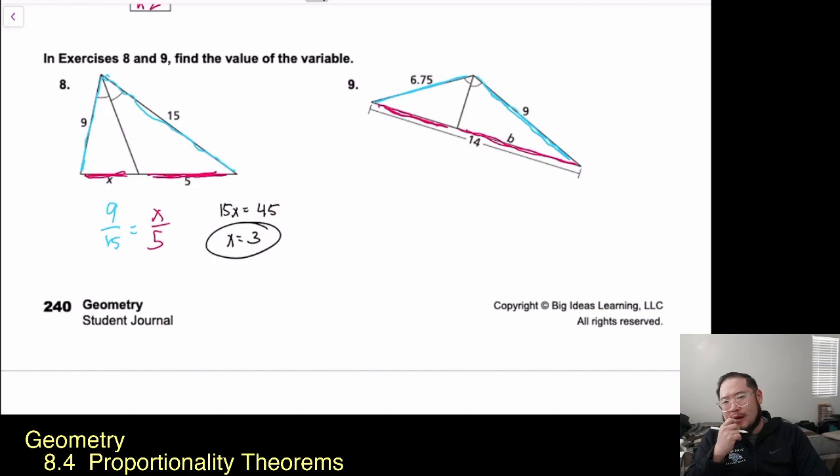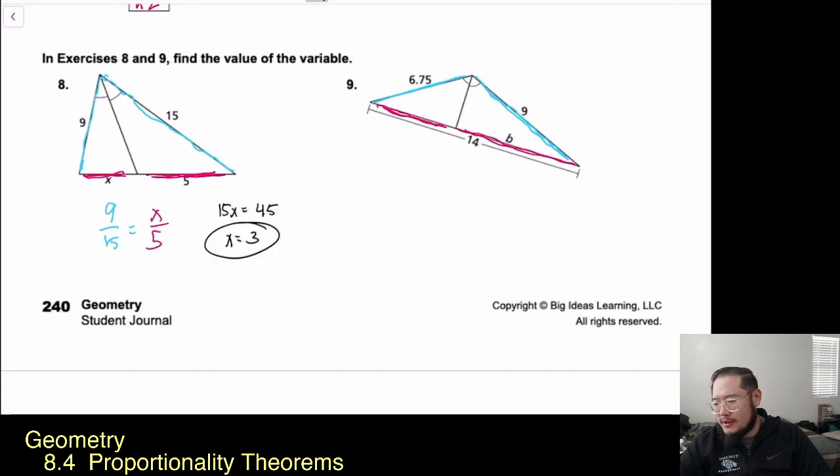I'll let you think about it. Okay. This expression that we need right here that represents that segment I just drew out is going to be represented by the whole entire side of the triangle, 14, and then we'll subtract B from it. And so that right there represents that segment.